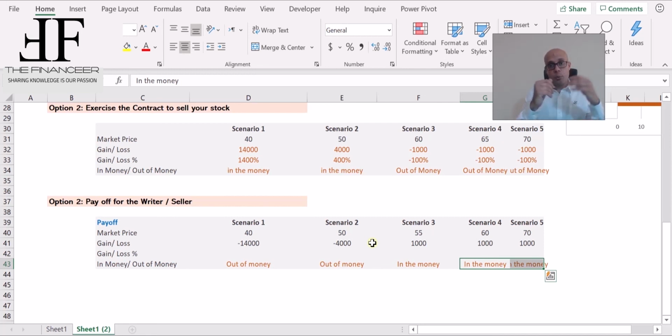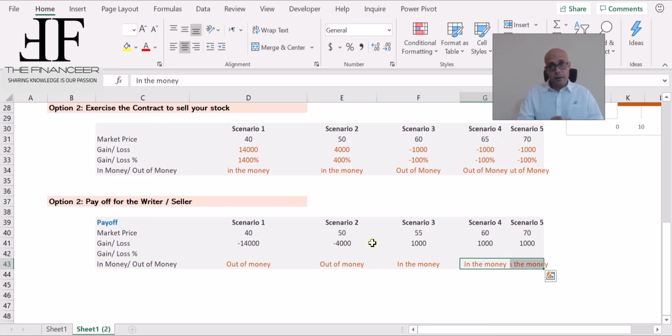The contract is between the buyer and the writer. The gain and loss in one party equal exactly the same loss on the other party. If the contract in one party is in the money, it will be out of the money for the other party. So this is the gain and loss and the payoff schedules and calculation for both of the parties.